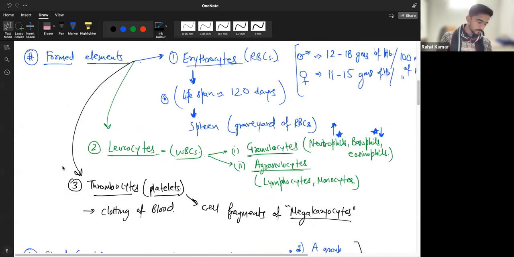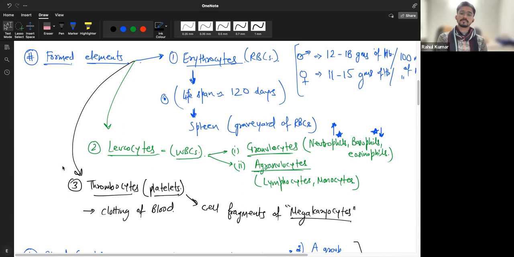Leukocytes or WBCs are colorless and do not have hemoglobin, and they have different types of nucleus as there are different types of WBCs. Normally in 1 millimeter cube of blood, we have 6,000 to 8,000 WBCs.